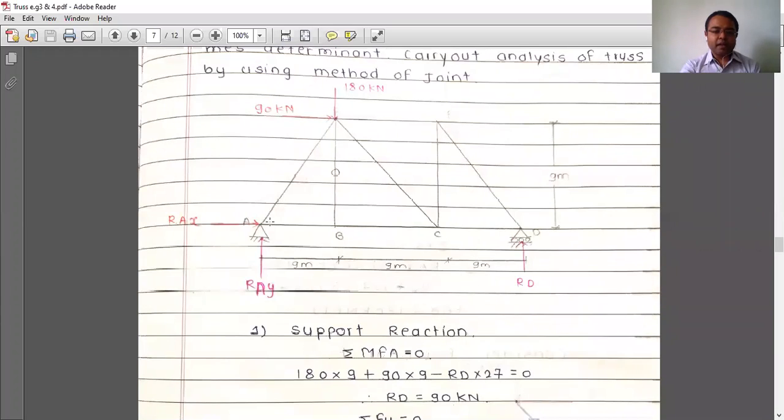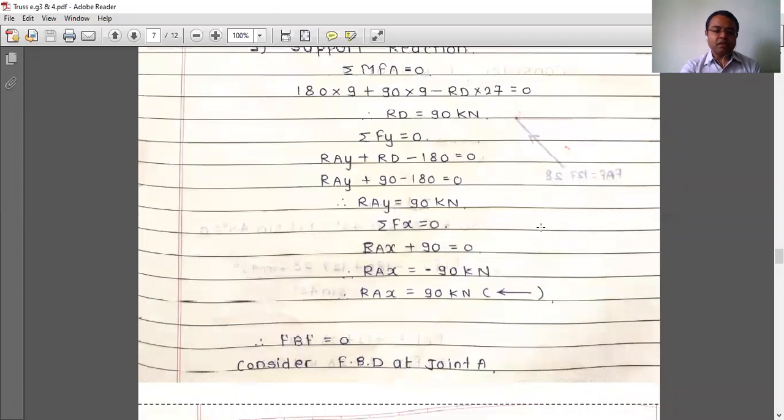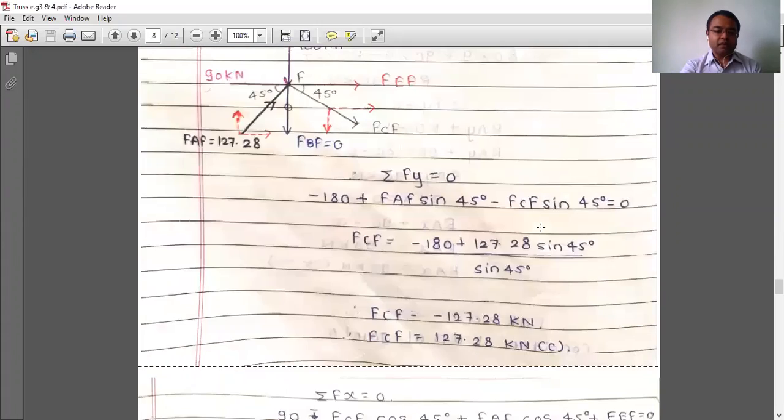This joint A and joint D are symmetric, and just there is a horizontal force, that's why you have to consider all these joints.